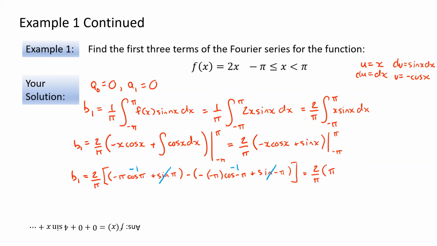And then in the next one, you actually have 4 negatives. A negative times a negative is a positive, times a negative is a negative, times another negative is a positive. So the 4 negatives all come out to a positive. So you have pi plus pi, which gives you 2 pi, times 2 is 4 pi, divided by pi. And your answer after all of that is simply the number 4.